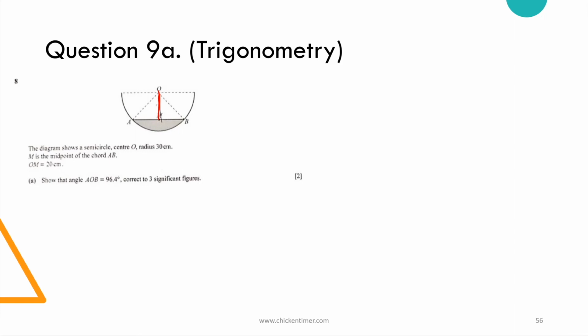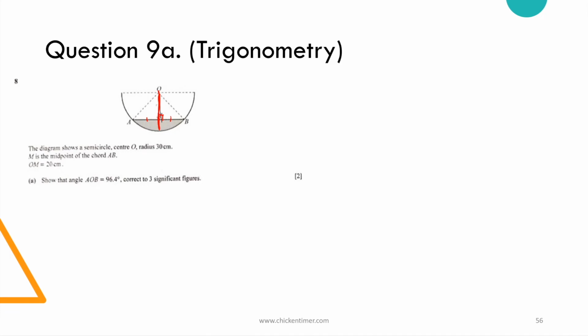With some revision from the properties of circles related to the chord, you will know that over here this is a right angle, because the radius cuts the chord into two equal parts and is perpendicular.